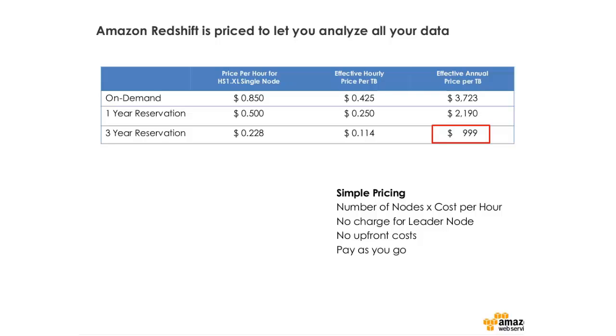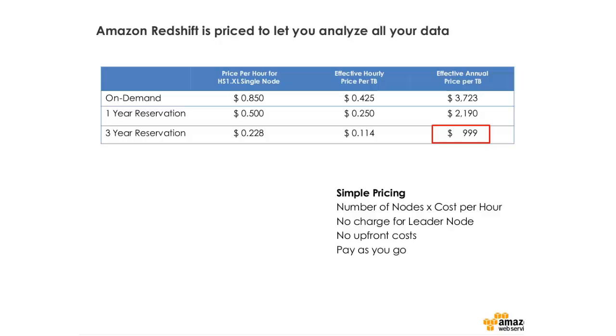That translates to an effective annual price per terabyte per year of about $3,700. And that's inclusive of hardware and software. There's no additional costs. And then we also have a reservation model where you can essentially commit to a 1-year or a 3-year term. And the 1-year term gets you a 40% discount, and the 3-year term gets you over a 70% discount, bringing the pricing per terabyte per year down to under $1,000.